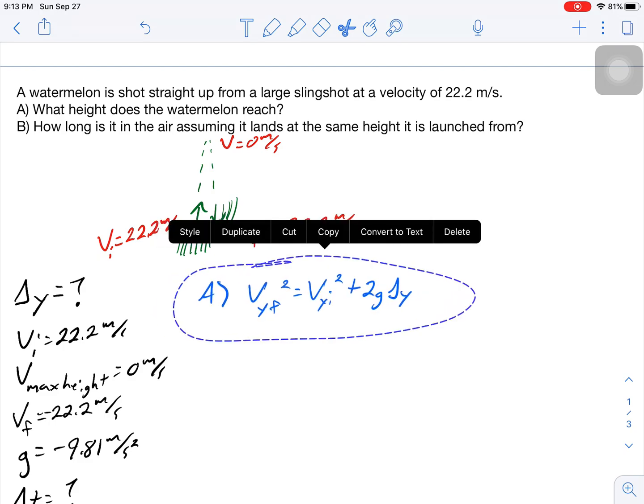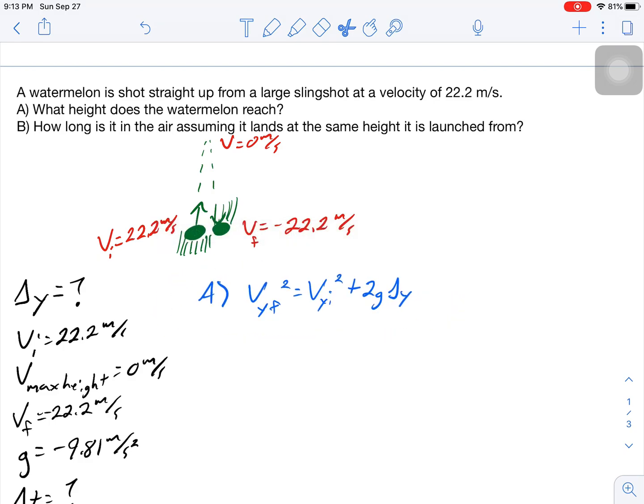The reason I'm choosing this one is I don't know time yet. Could I find time? Sure. Do I need it? Not necessarily. In this context, maximum height is at the apex, so our final velocity is 0, and 0 squared is just going to be 0.